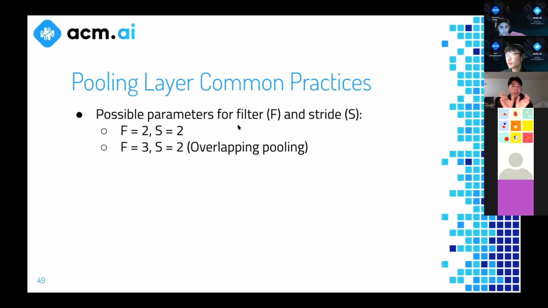We're going to have disjoint partitions of our image space, like 2 by 2, and then we'll take either the average or the max of that particular partition. We can also have a 3 by 3 filter with a stride of 2. If we think about this visually, we'll expect some sort of overlap. So this has an interesting interplay when we consider something more complex than just a disjoint partition.